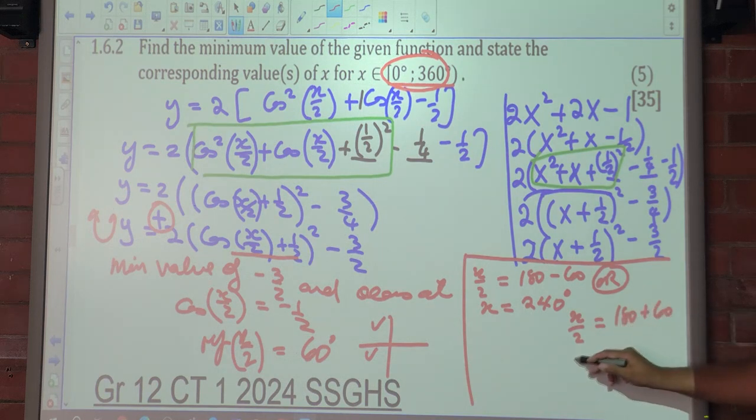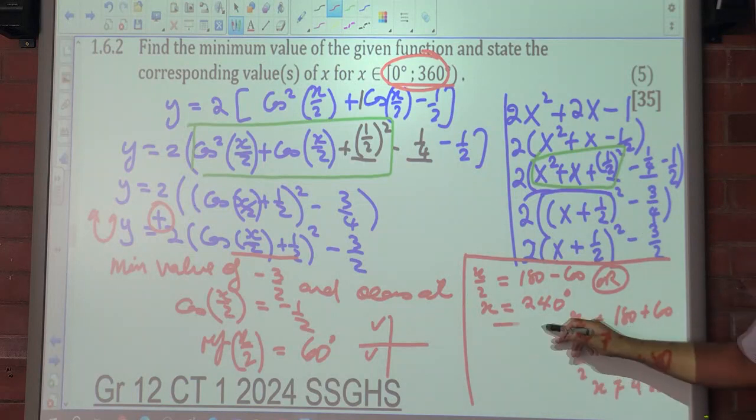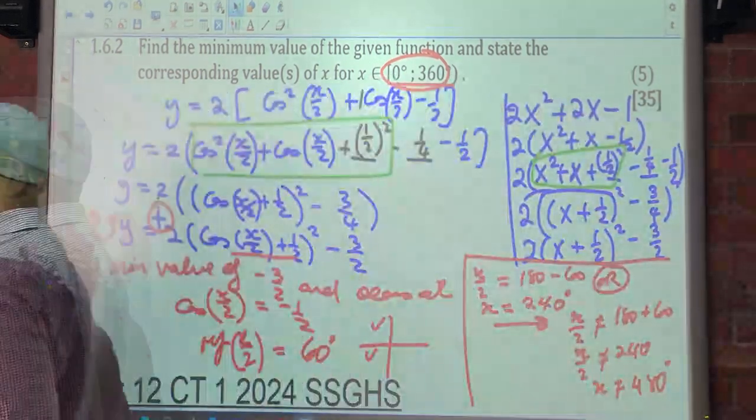So that is 240. So x over 2 is equal to 240 times 2, which is 480 degrees. But because that is outside the given domain, I've omitted that, and that is the solution I was looking for. Okay? So any confusion there?